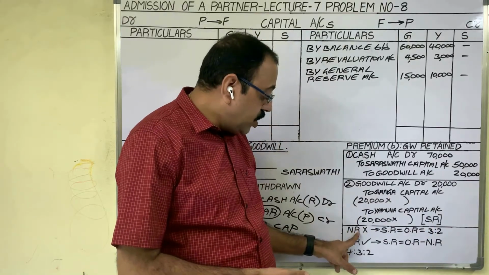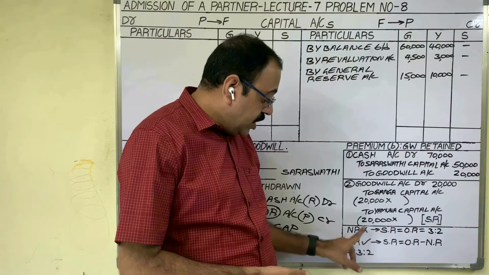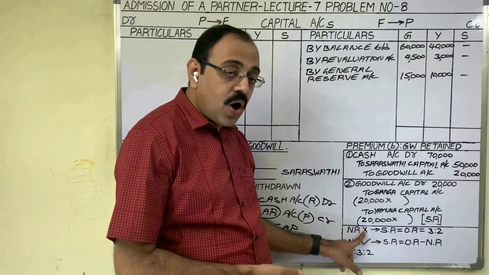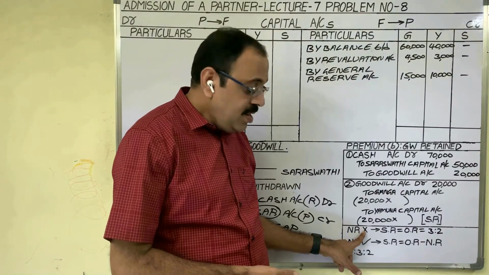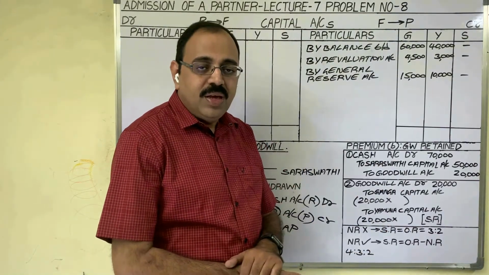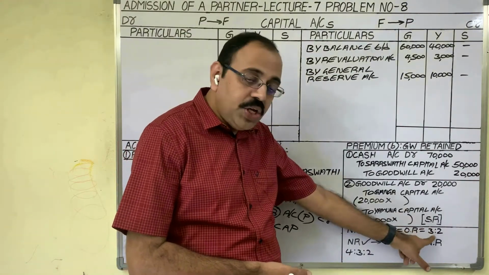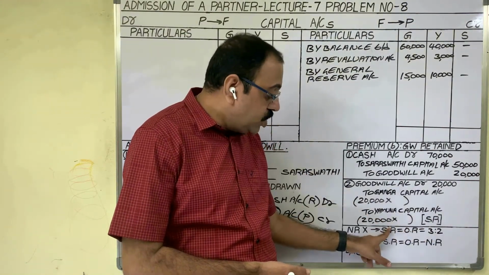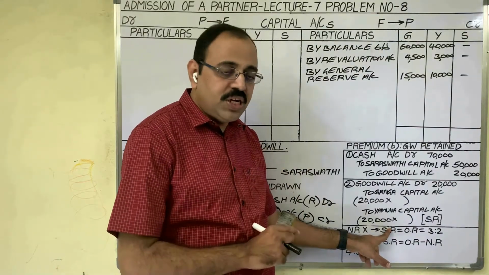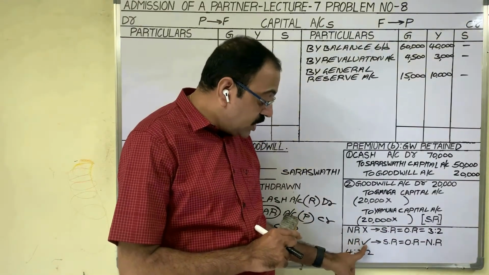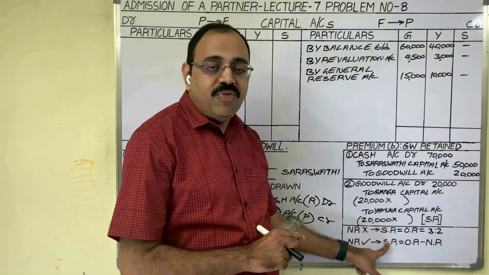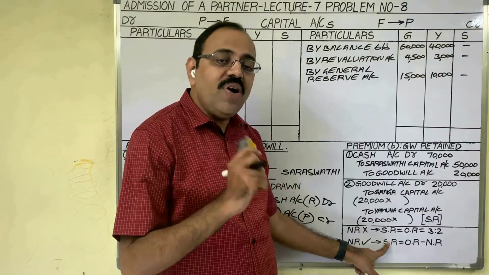Regarding sacrificing ratio, remember these points. In the question, if the new profit and loss ratio is not given, then sacrificing ratio and old ratio both will be the same. In our problem, the old ratio is 3:2, so sacrificing ratio should be taken as 3:2. In the question, if the new ratio is given, then we should calculate the sacrificing ratio by using one formula.